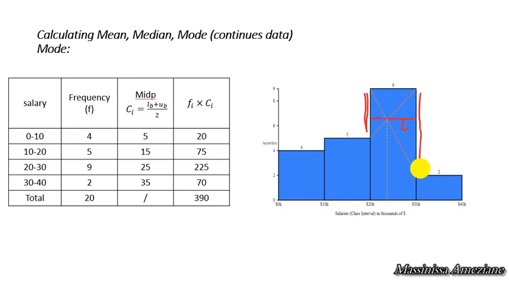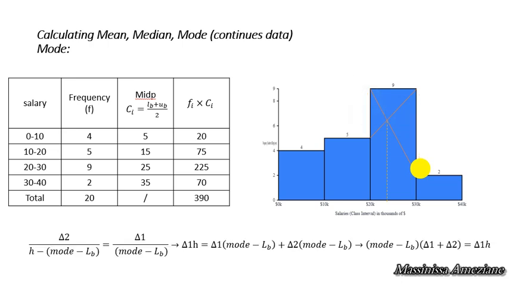So what is this actually? Let's check it here. So this actually is 9 minus 5, and this is the frequency of the modal class minus the frequency of the class before the modal class. We call it delta 1.